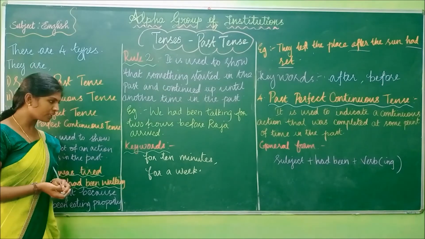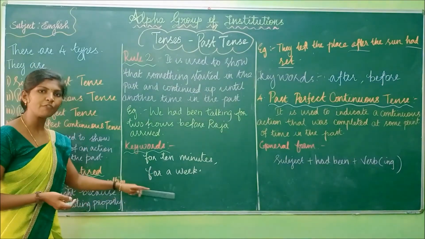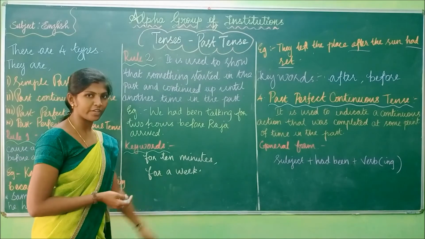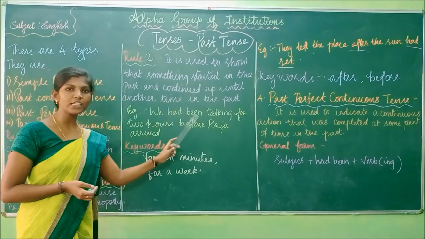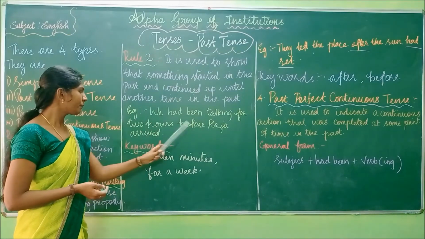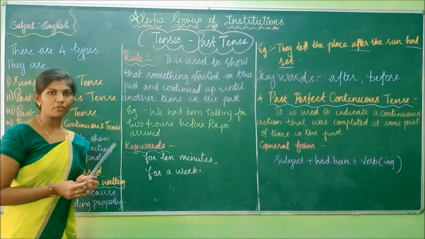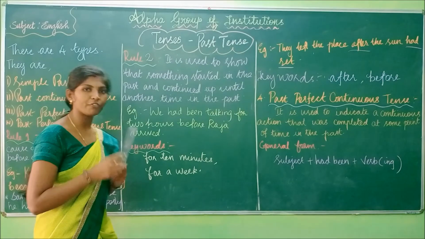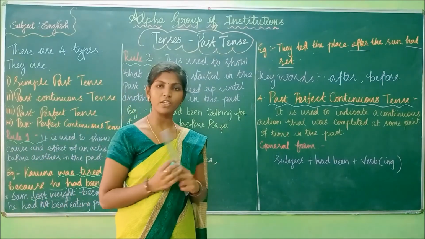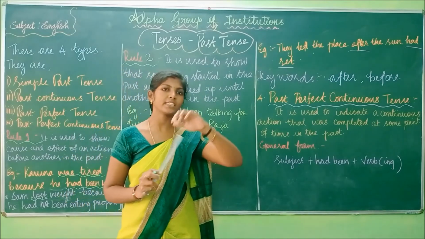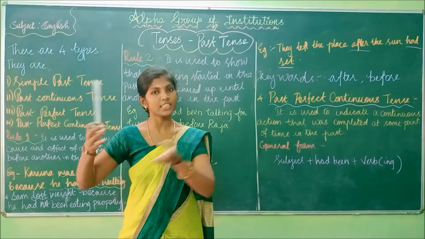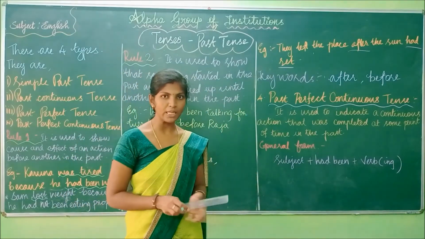And here's the differentiation. Actually, we use these keywords for present perfect continuous tense also. For example, we have been talking for 2 hours. So for 2 hours is used for present perfect continuous tense also, because the action started in the past but is still going on. That is present perfect continuous tense.